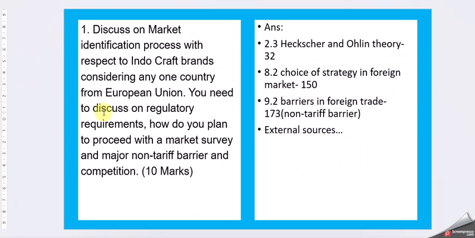Here we are told you need to discuss regulatory requirements, and how you proceed with the market survey. So we have to understand regulatory requirements, market survey, non-tariff barriers and competition. These four factors we have to try to find information for.